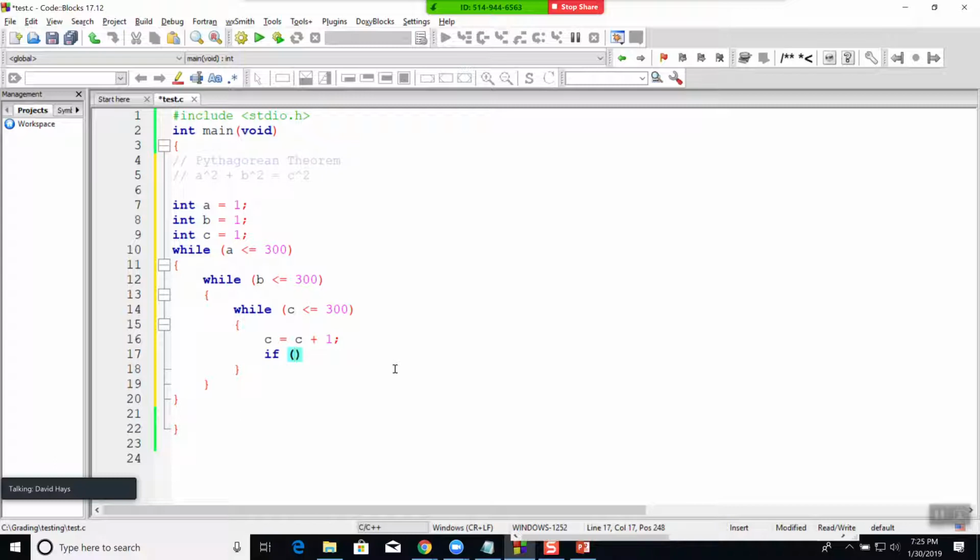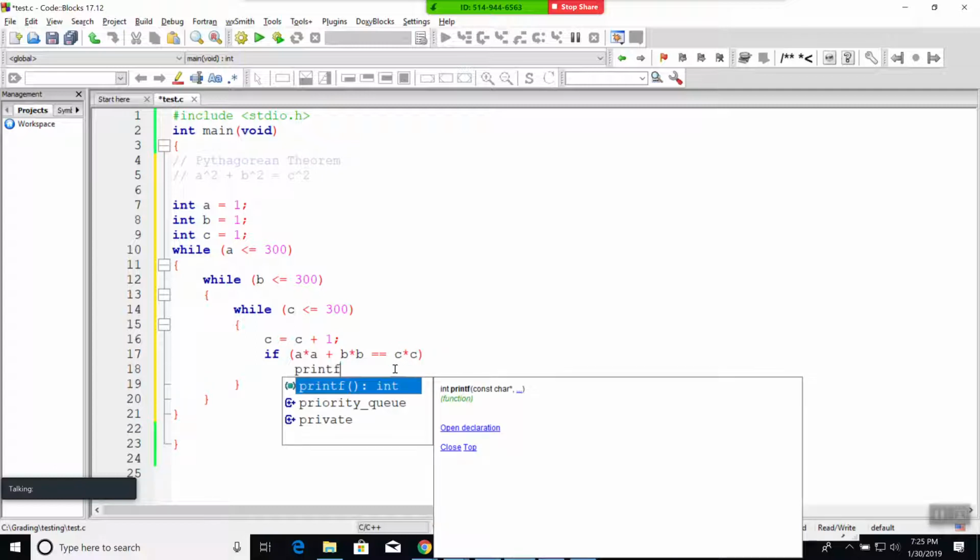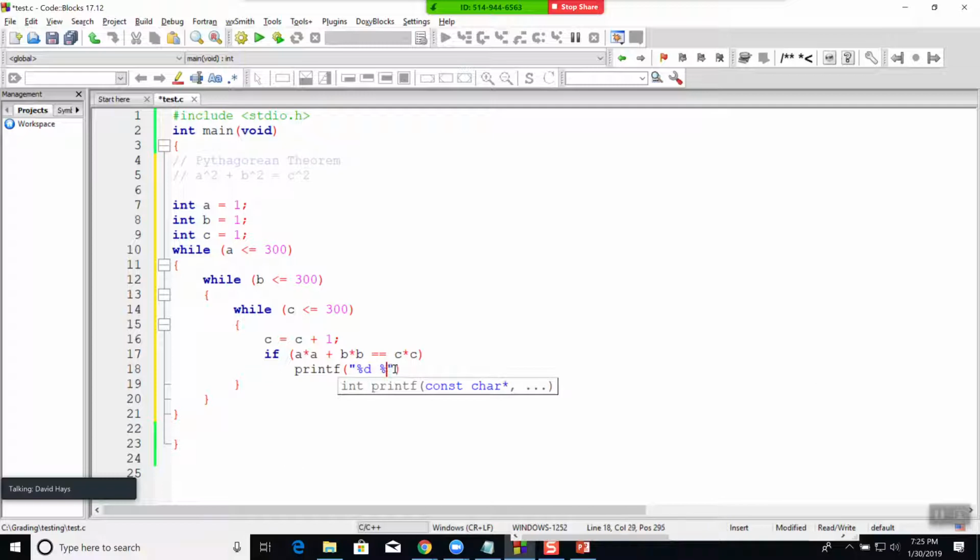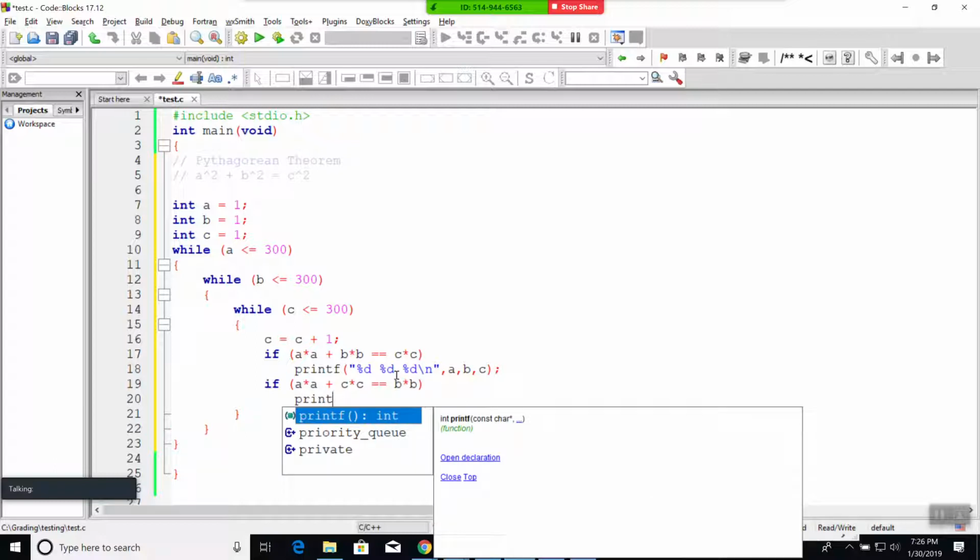And I'll do a check if a times a plus b times b equals c times c, then I'll print out the numbers. If a times a plus c times c equals b times b, I'll print out the numbers.